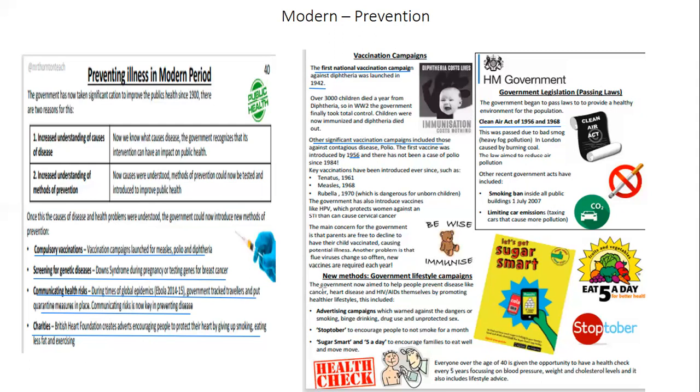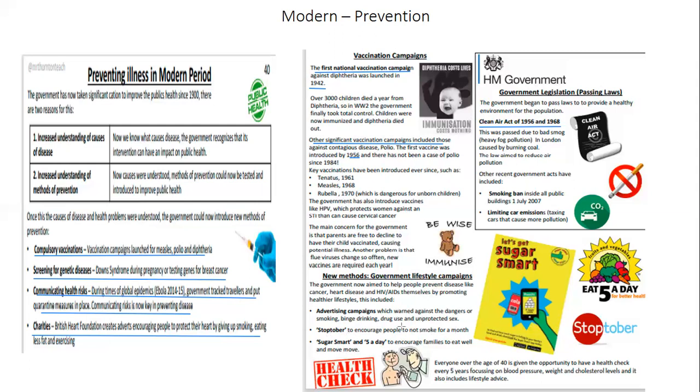You've also got the government lifestyle campaigns. So the government have campaigns to help prevent diseases like cancer, heart disease, HIV and AIDS by promoting healthier lifestyles. So we've got things like advertising campaigns, which warn about the dangers of smoking, binge drinking, drug use, and unprotected sex.